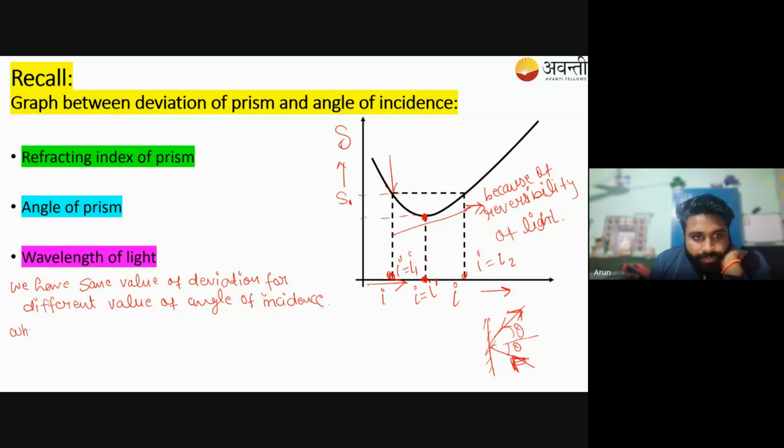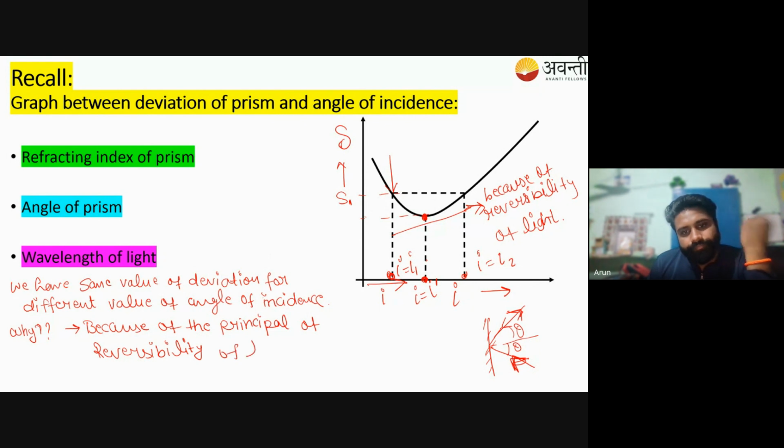Why? Because of the principle of reversibility of light. This is the only reason it has the same deviation, because it is not deviating from its path.